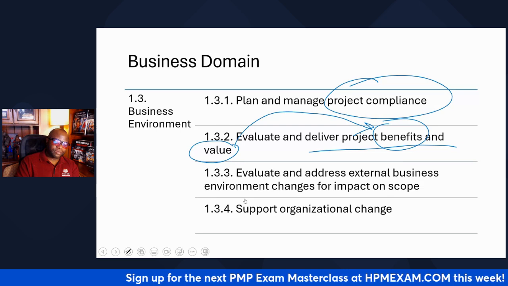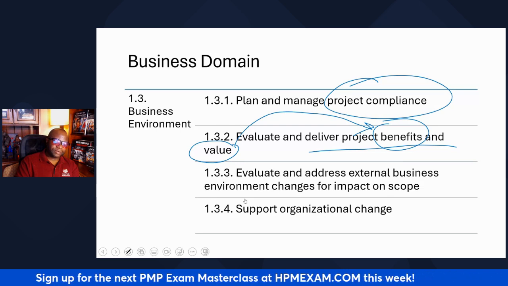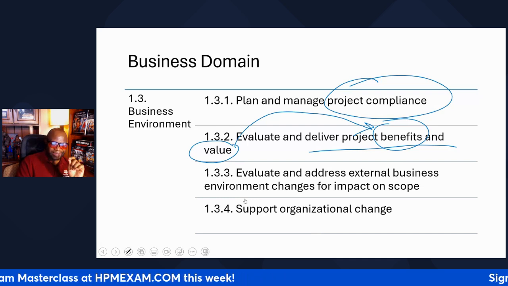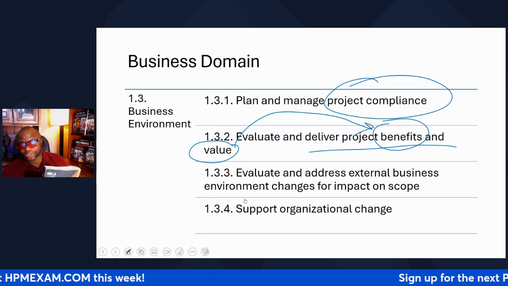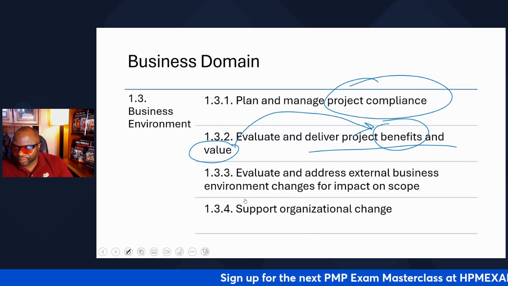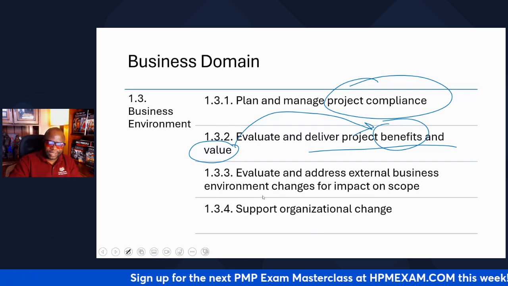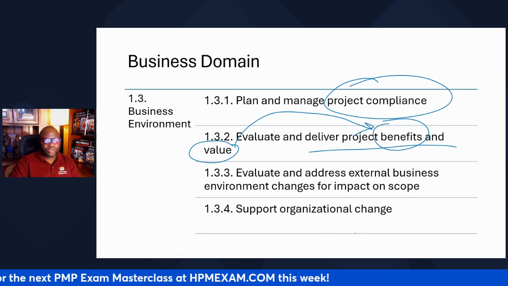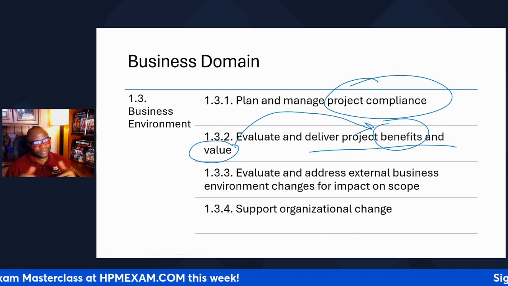Development of the benefits management plan begins early in the project life cycle with the definition of the target benefit. You see, there should be a target. You don't just do projects for no good reason. You authorize and execute the project because you're looking for those benefits. So PMI just wants you to be aware of benefits.